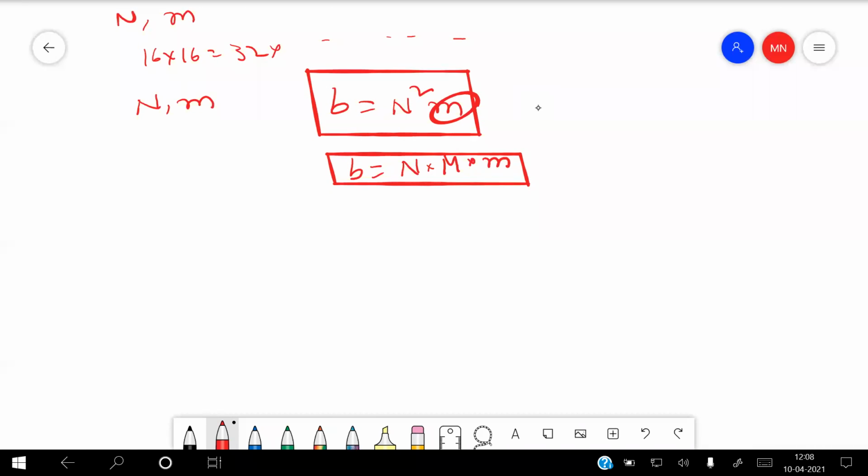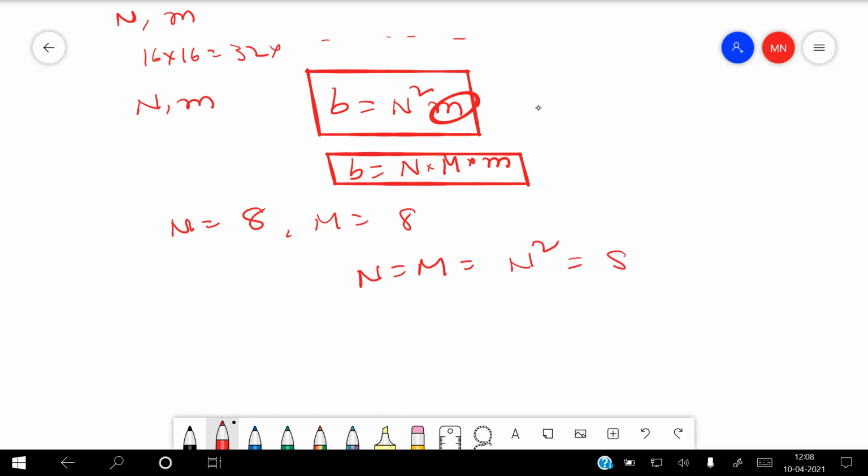Sir, 16 into 16, how did you get 32, sir? No. Assume any value, say n value is 8 and m value is 8. N is equal to m, both are the same, so n square.